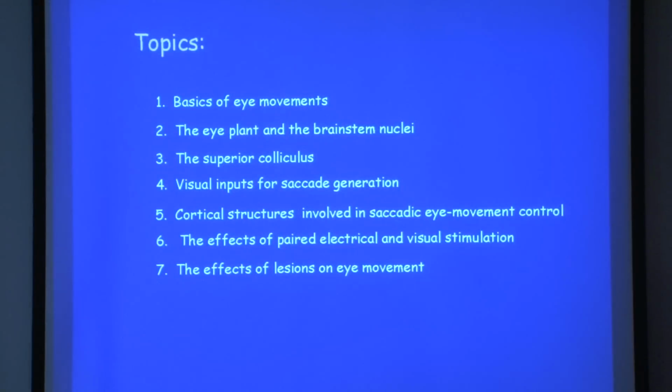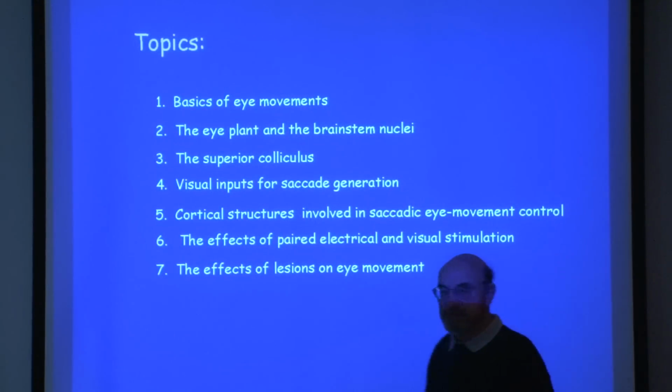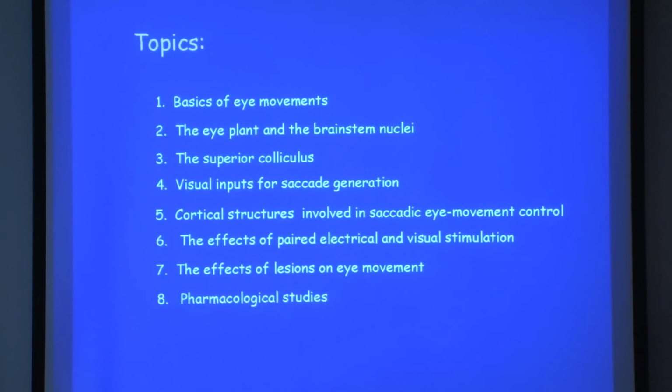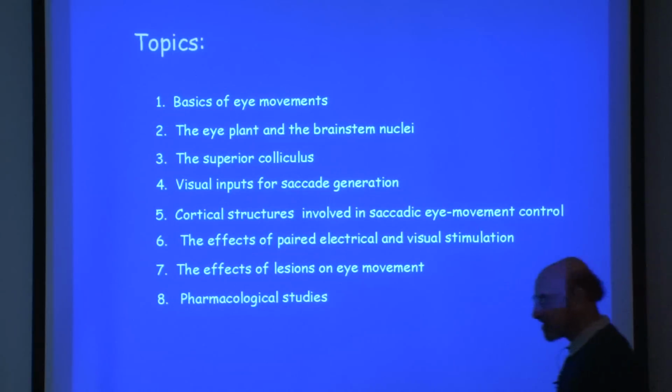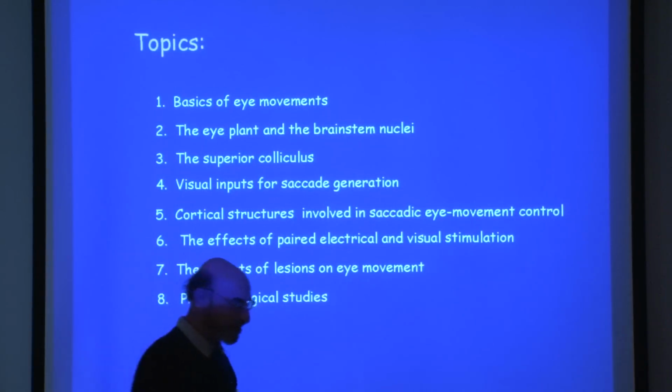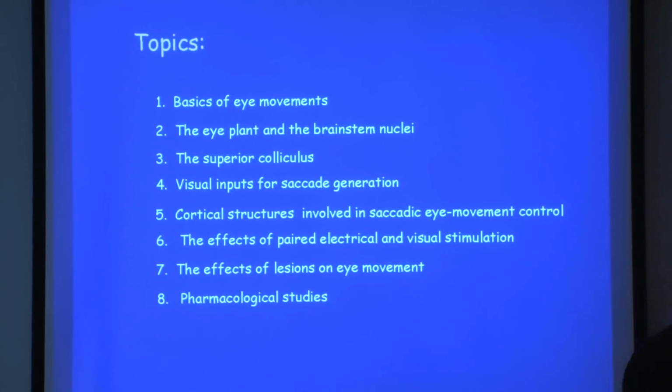And then we're going to look at what happens when you have various deficits in motor control as a result of having lesions in various parts of the visual and oculomotor systems. And then we are going to look at some pharmacological studies to try to understand what the pharmacology is of eye movement control. And I should always say visually guided eye movement control.